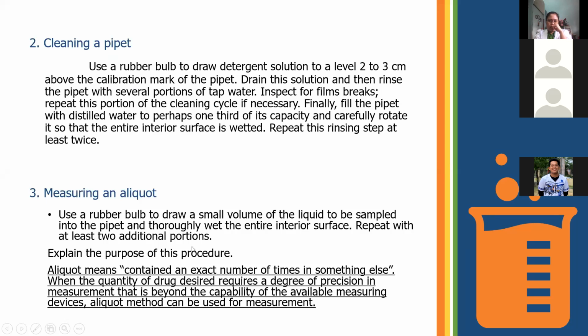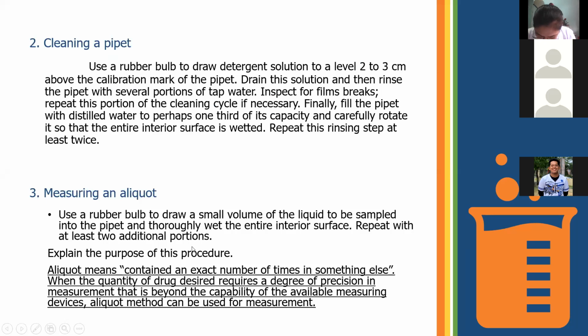First step is we use a rubber bulb to draw detergent to a level 2 to 3 centimeters above the calibration mark of the pipette, and then we drain this solution and rinse the pipette with several portions of tap water. And then we check if there are breaks, if there's may mga basag.